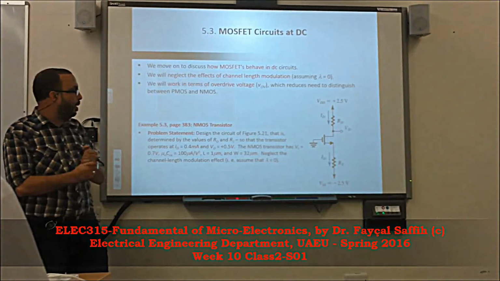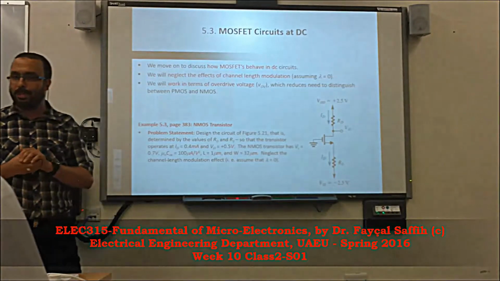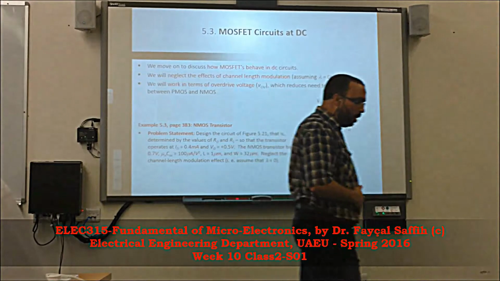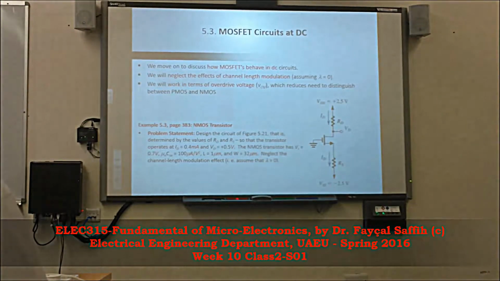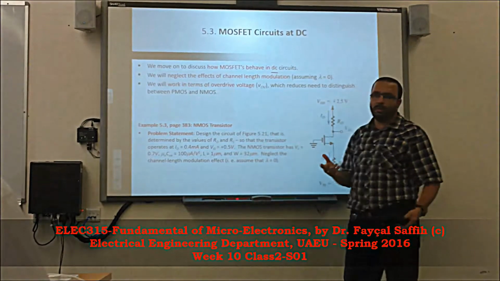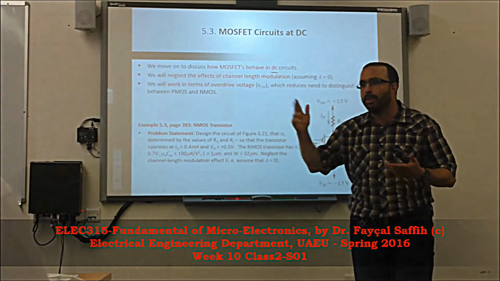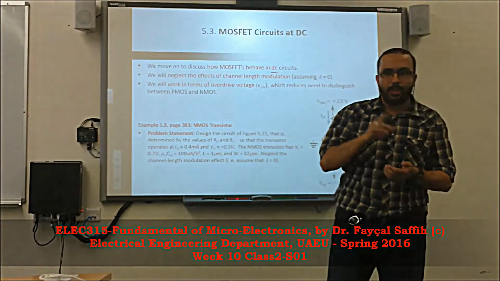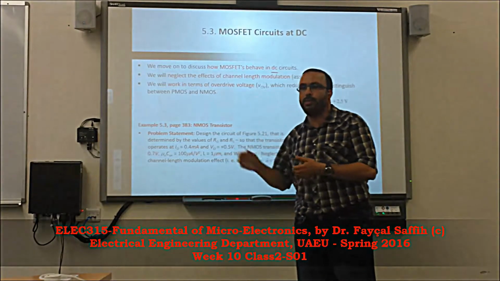So now we'll talk about the DC and we'll try to solve some problems. So far, really, typically we are talking about using the MOSFET in DC. DC, direct current. There's no changing. We just keep changing the battery voltage and that's it. It's not like a signal that's changing over time.